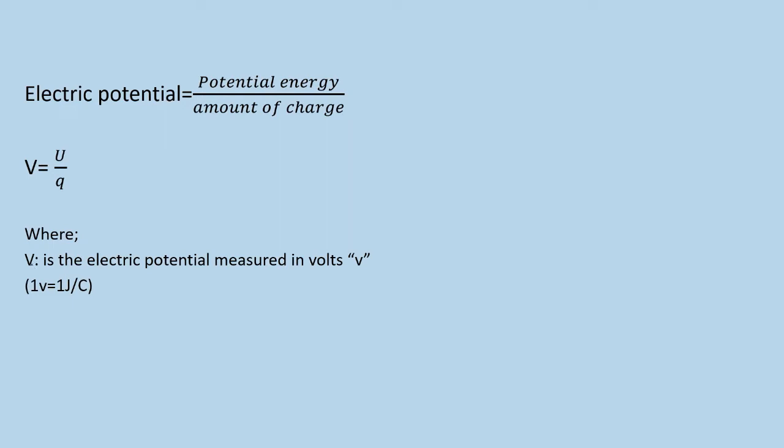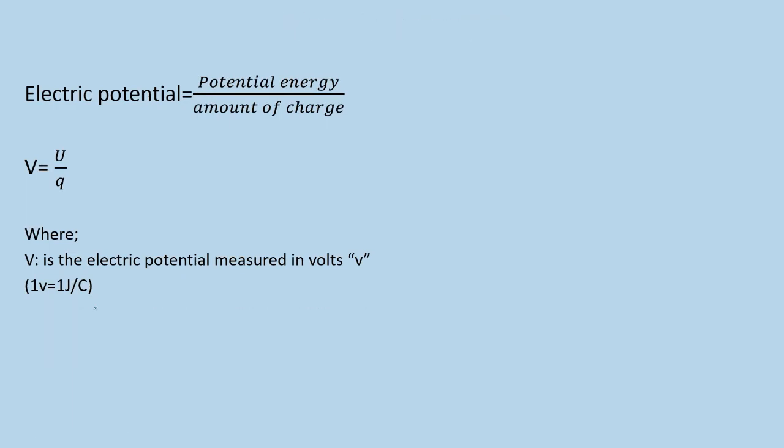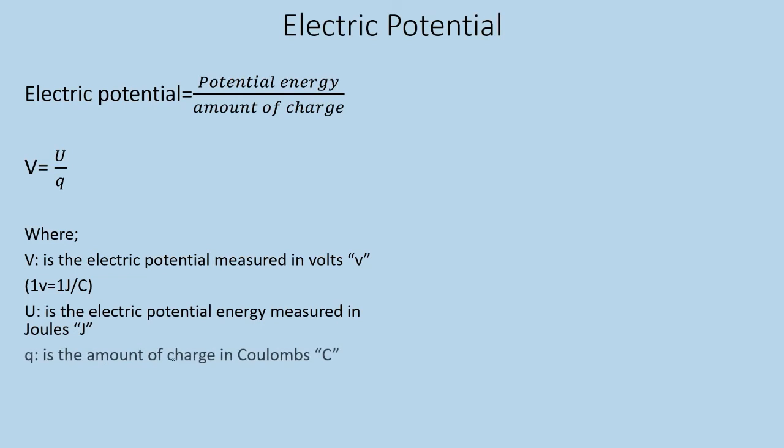So the electric potential is written as V, and the unit, volts, is also written as V. 1 volt is equal to 1 joule per coulomb, or the amount of potential energy per unit charge. U is the potential energy measured in joules, and Q is the amount of charge measured in coulombs.